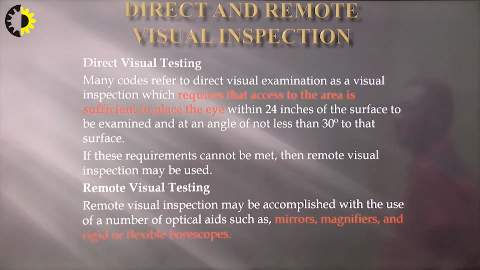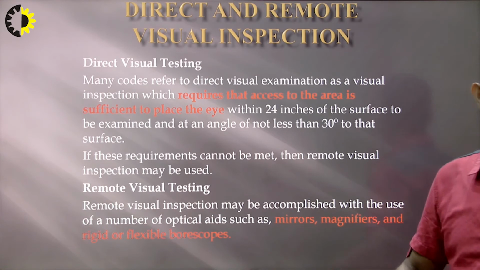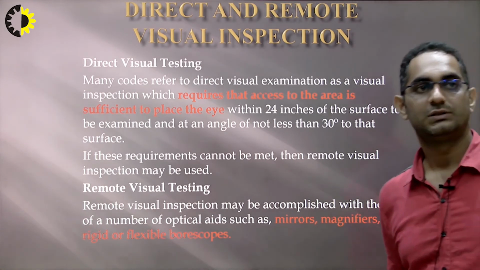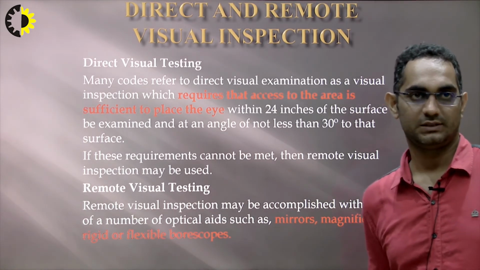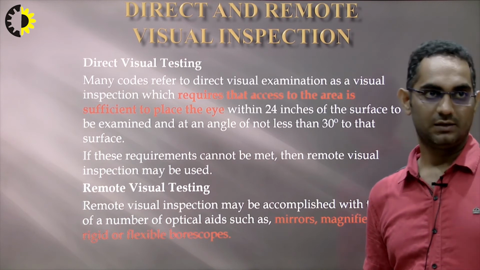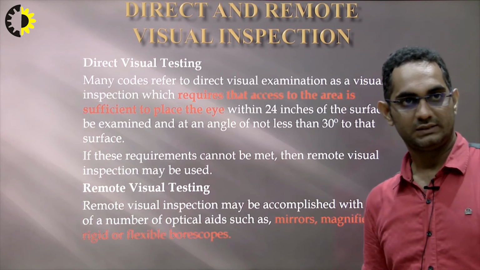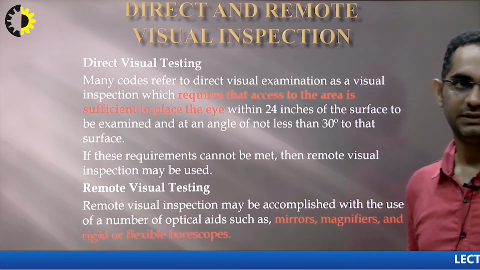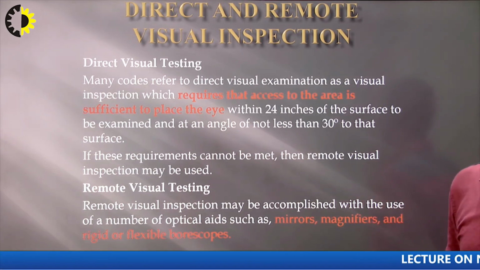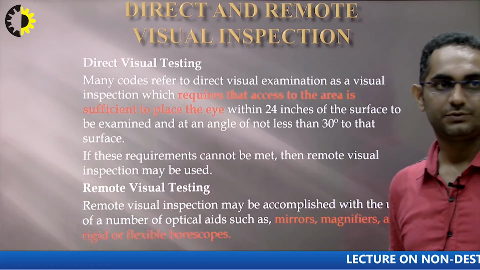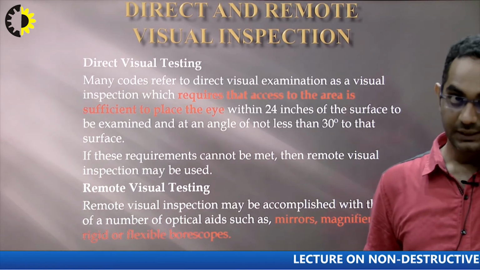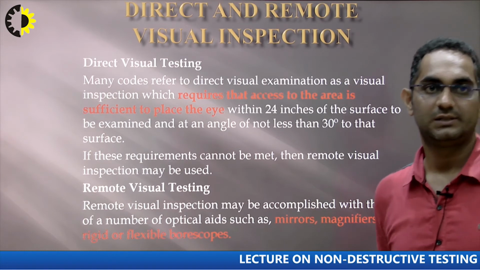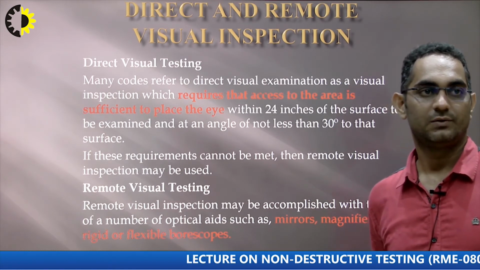Then direct and remote visual inspection. Many codes refer to direct visual examination as a visual inspection which requires that access to the area is sufficient to place the eye within 24 inches of the surface to be examined, at an angle of not less than 30 degrees to the surface.